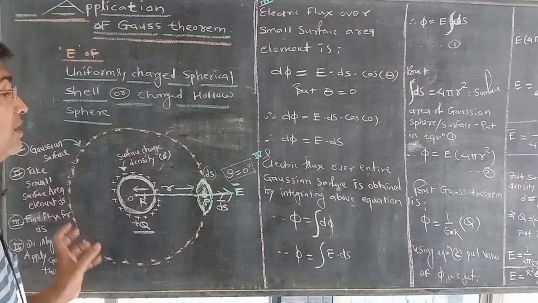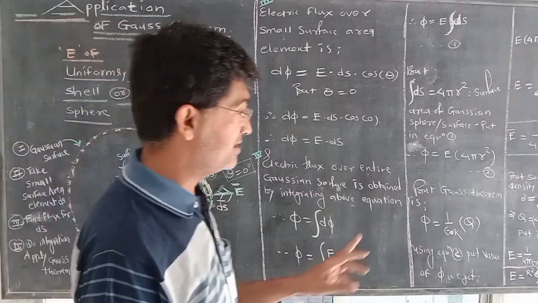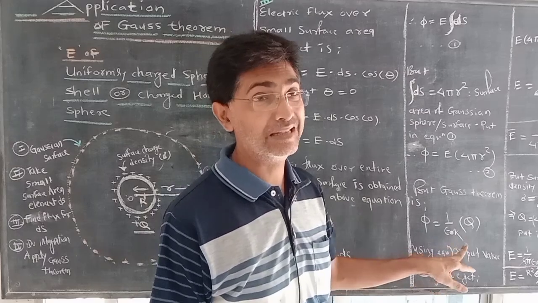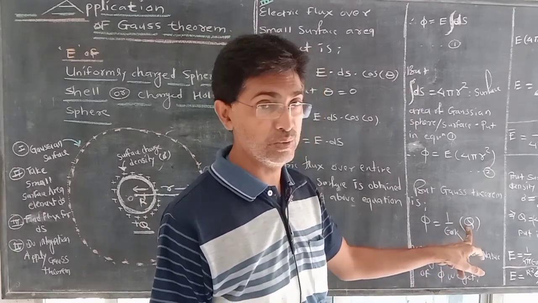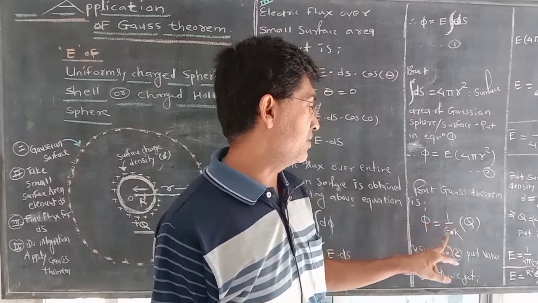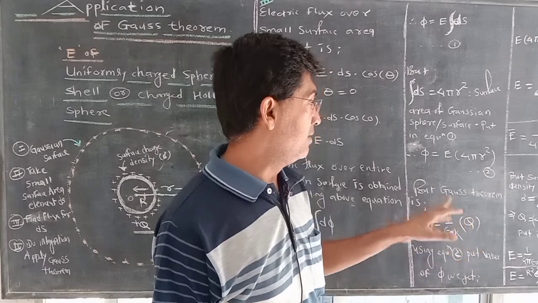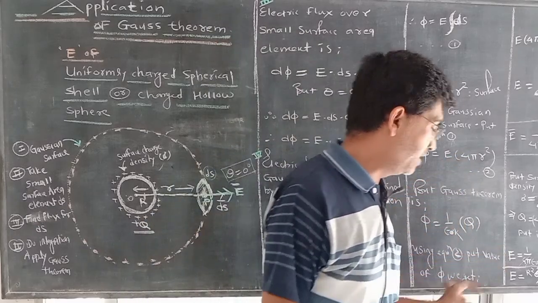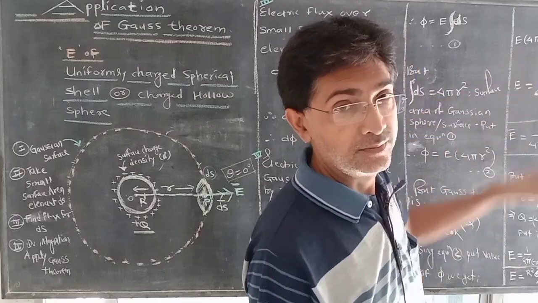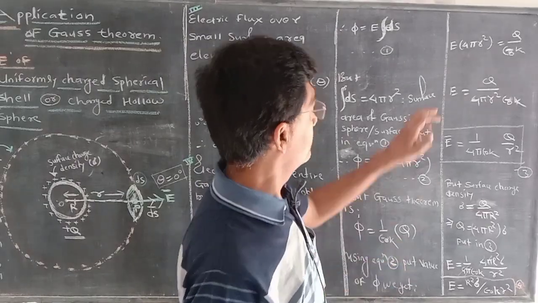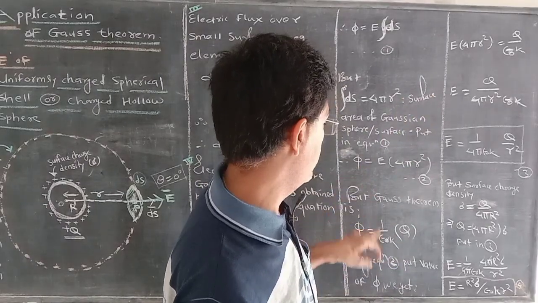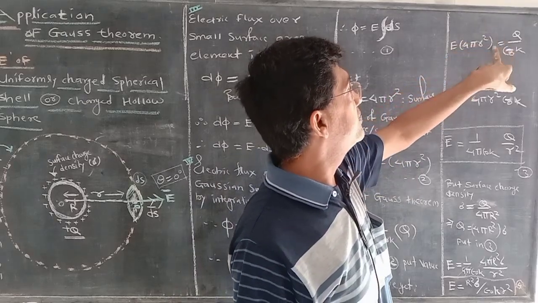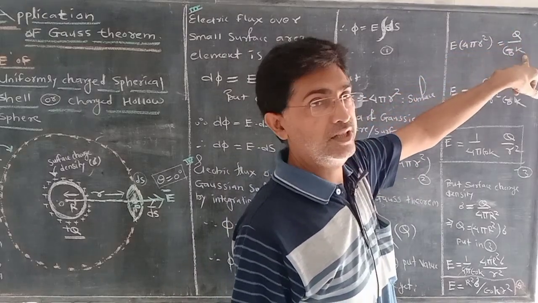Now we apply the Gauss theorem. What did Gauss say? The flux is equal to 1 upon epsilon naught k times the charge enclosed, so phi equals 1 upon epsilon naught k, q. Putting this value of phi in equation 2, we get E 4 pi r square equals q upon epsilon naught k.